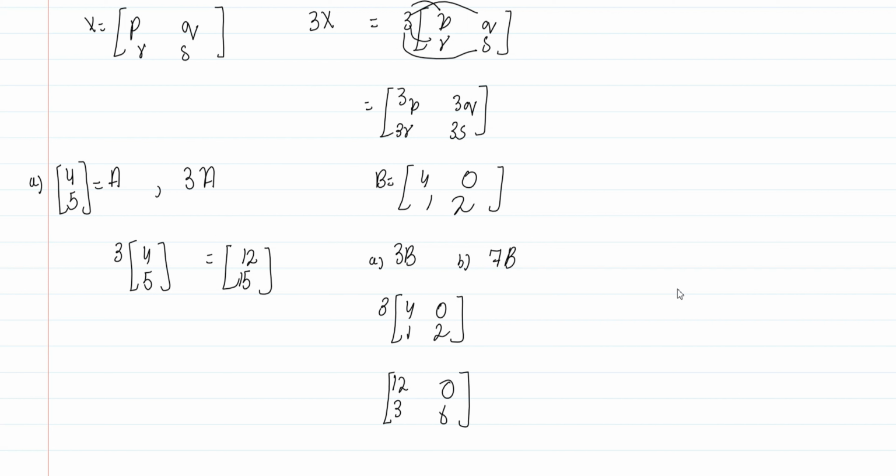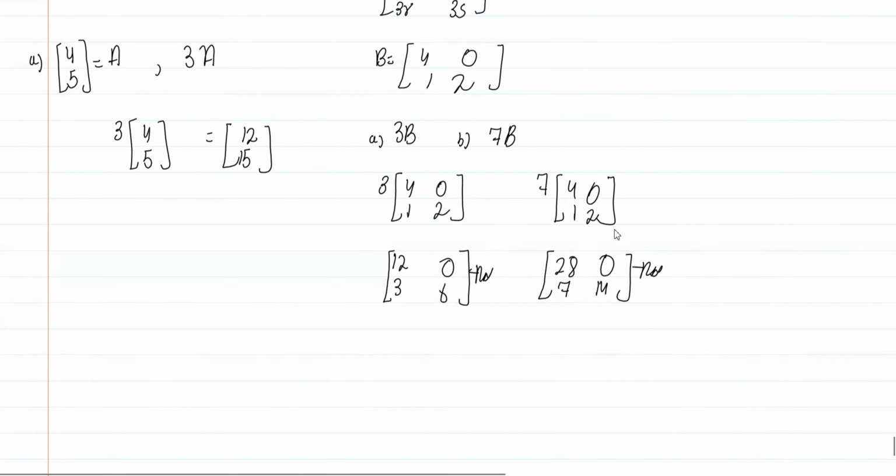This is the answer for part A. Now for part B, 4 0 1 2, 7 times 4 is 28, 7 times 0 is 0, 7 times 1 is 7, 7 times 2 is 14. The answer for part B. Okay, basically this is very simple.